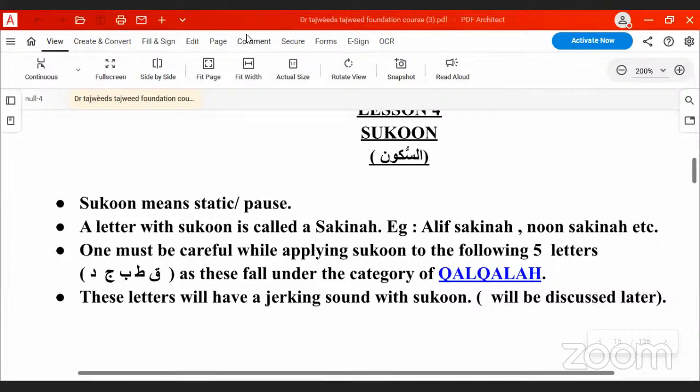Now, before that, we'll go through the previous lessons. The 16 characters total, which are they? The three we learned as fatha, kasra, dhamma. Next, we learned the three tanween, fathatain, kasratain, dhammatain.